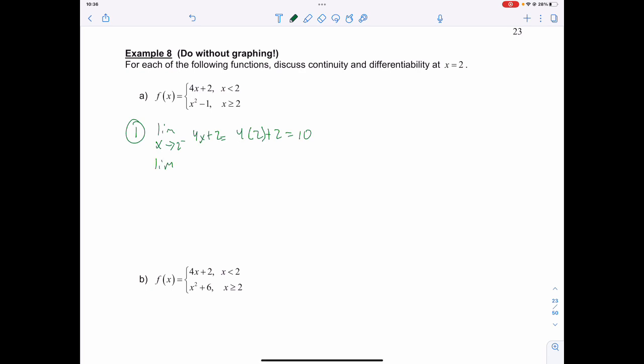The limit as x approaches 2 from the right of x squared minus 1 is going to equal 2 squared minus 1, which equals 3. And because 10 does not equal 3, this is not continuous at x equal to 2.